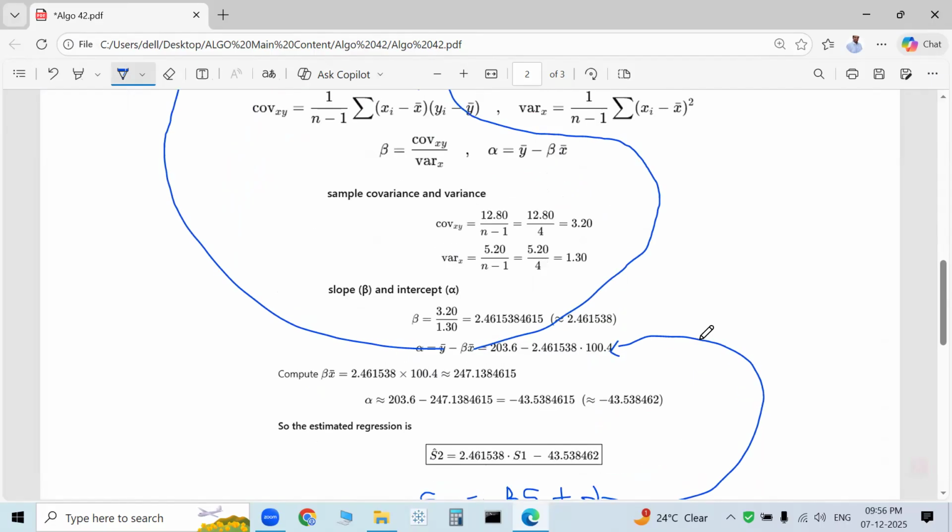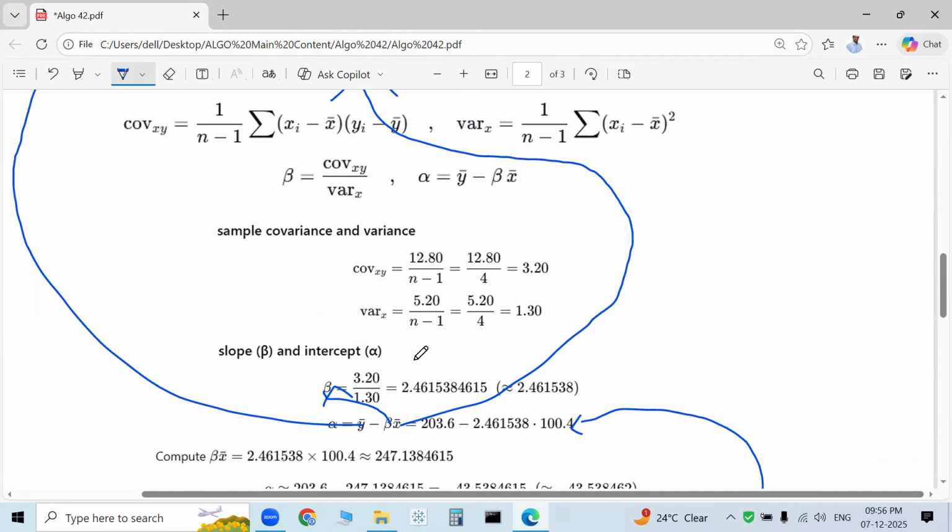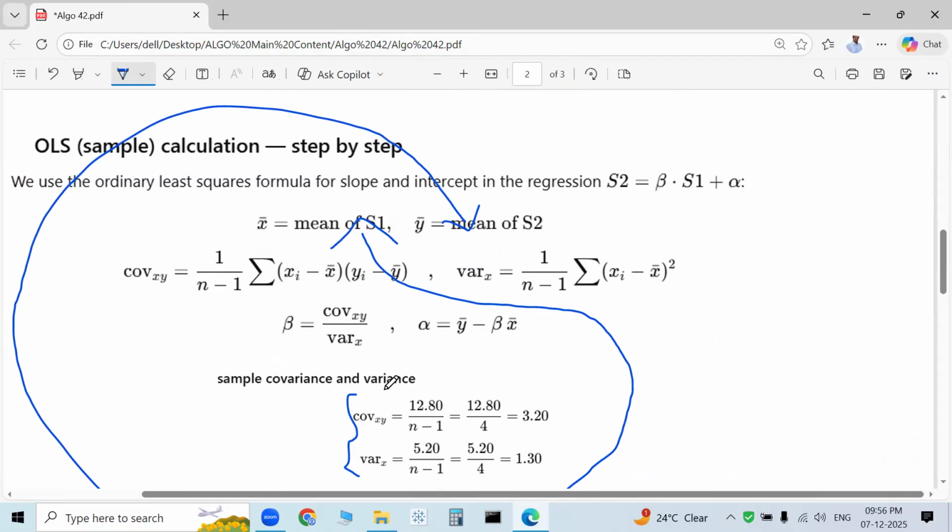Once we get x bar and y bar, we want beta. Now what is beta? Beta is basically covariance by variance. So what is covariance? Covariance is this formula. And what is variance? Variance is this formula. These are all formula game, so all formulas depend on each other.